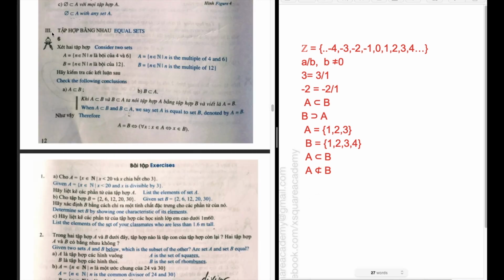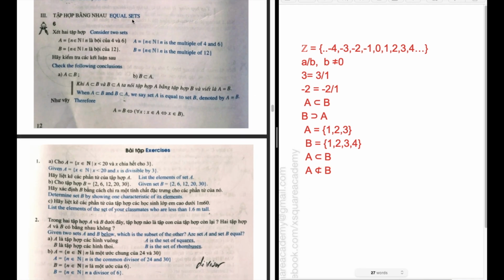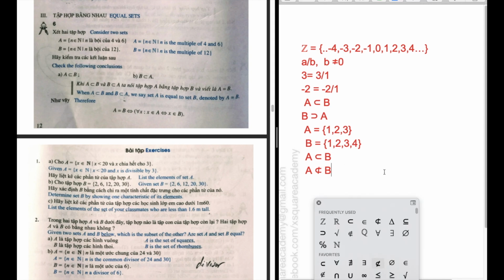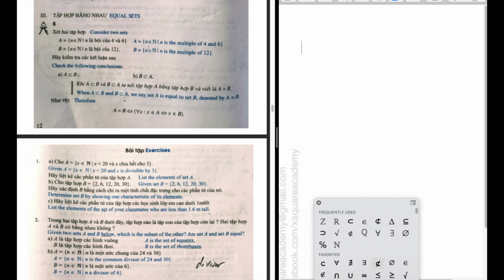Okay, the part on equal sets. Consider two sets. Set A: n is an element of natural numbers, so that n is a multiple of 4 and 6. Set B: n is an element of natural numbers, so that n is a multiple of 12.